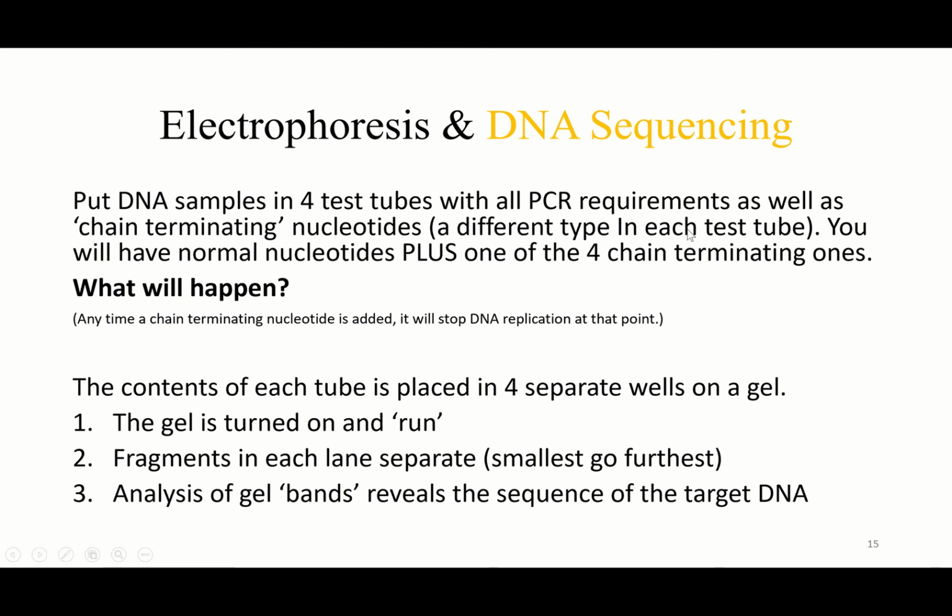After that has been done, we take all the strands and run them through the gel. So the fragments in each lane will separate. The shortest one will go the furthest distance, and the longest, also the heaviest, will go the least distance. We learned that in DNA profiling.